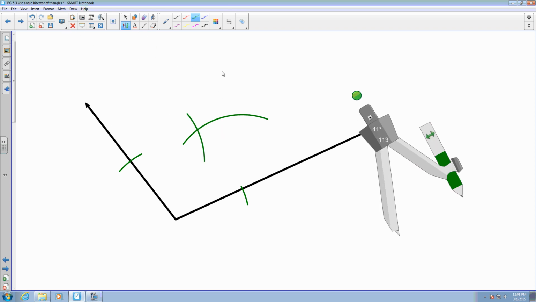So what that did is when I get my line, well, let's say if I go over here, I notice that from this construction, I know that the distance from here to here is the same as the distance from here to here. Okay, let's take a look at another.